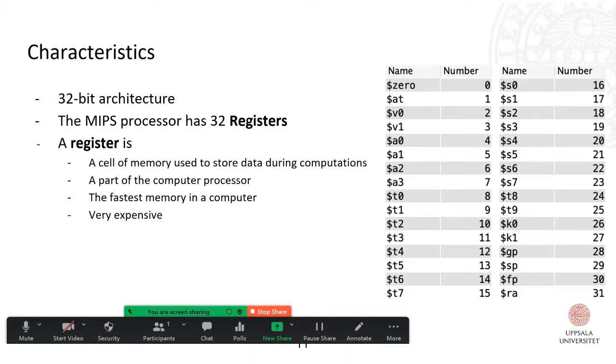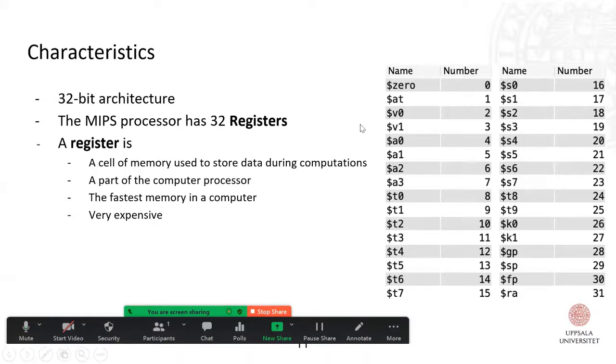The first step is always to load the data into a register. If they are in memory, they need to be loaded first into the registers. Registers are part of the CPU, or processor, and they are the fastest and the most expensive memory in your computer. So there is only a limited number of them, and they have very specific uses.